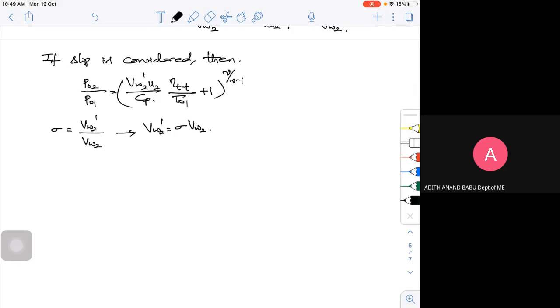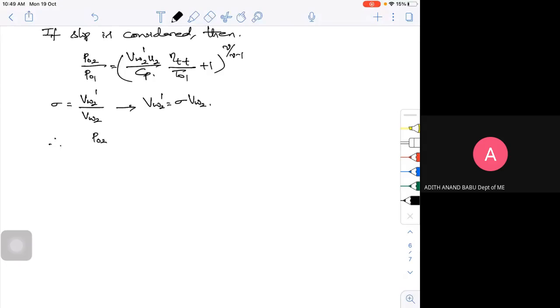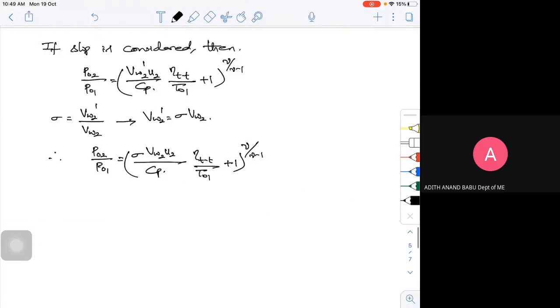If I substitute for this, my P02 by P01 I can write as sigma into VW2 into U2, divided by Cp into total to total efficiency divided by T01, plus 1, whole to the power of gamma by gamma minus 1. I am calling this equation 9. This is the condition for your pressure ratio under slip condition.